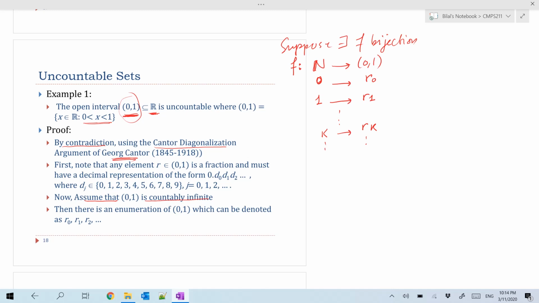So let's think about the nature of those numbers. These are real numbers that are strictly greater than 0 and strictly less than 1, so it's totally fine if you allow me to write them in this way.